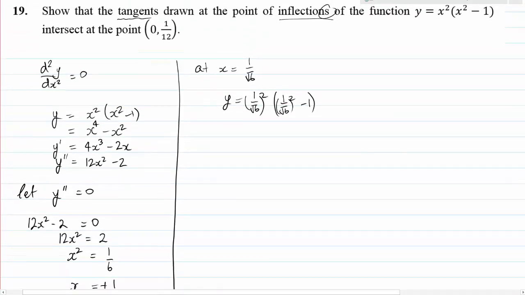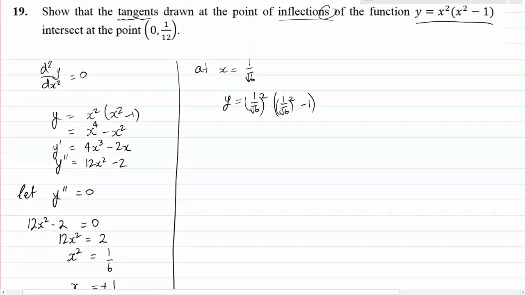That's from our original function here. And I get it's equal to 1 over 6 times 1 over 6 minus 1, which is equal to 1 over 6 times negative 5 over 6, so it's negative 5 over 36.